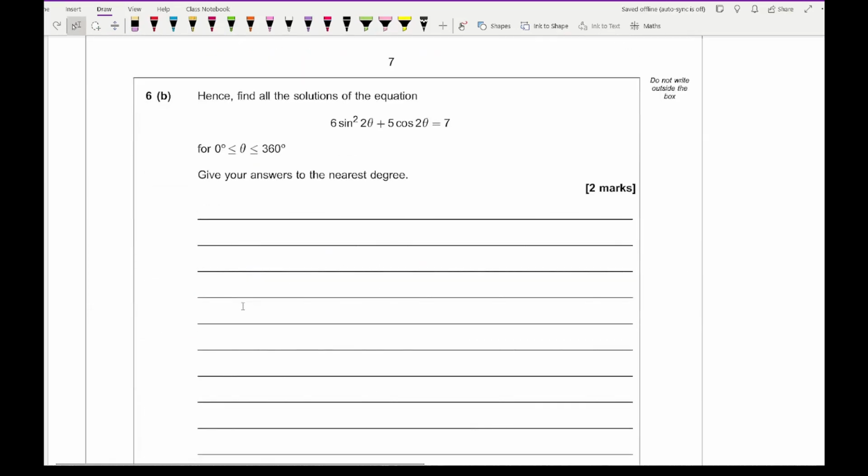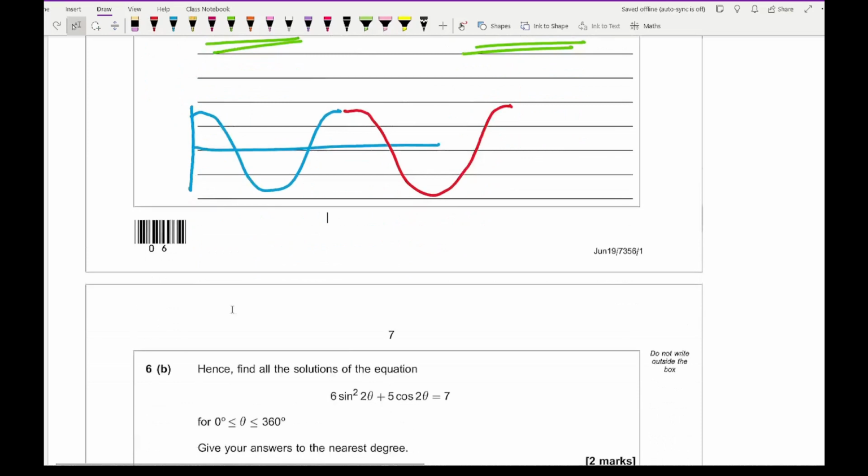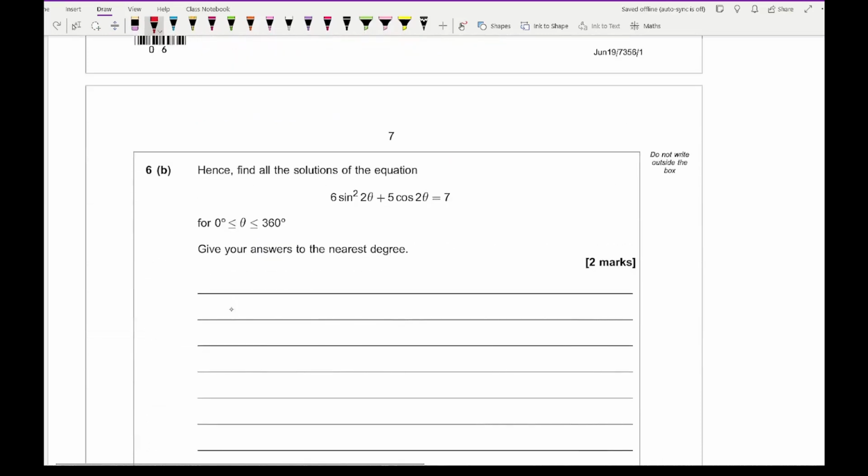Then moving on to 6b, it says hence find all the solutions for the equation, and here we've got 2 theta. Because we've got 2 theta, if we go back to part a(i), we just need to extend this graph over another period and find the additional solutions. So with cos 2 theta equals a half, the answers for 2 theta are going to be 60, 300, 420 and 660.